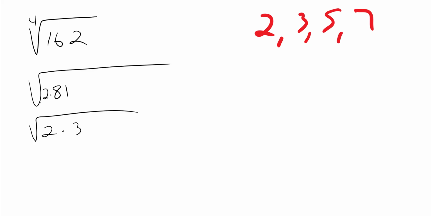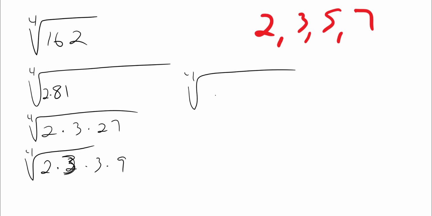So I get 3, and this is the fourth root. Let me keep writing that here. So it's 3 times 27. 2 times 3, 2 times 3, and then 27 is 3 times 9. And the last one is the fourth root of 2 times 3 times 3, and then 9 is 3 times 3.